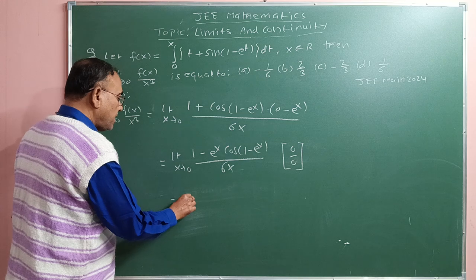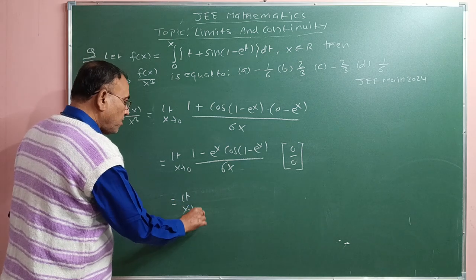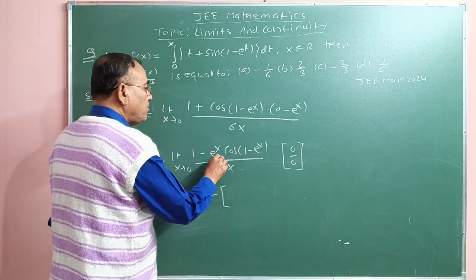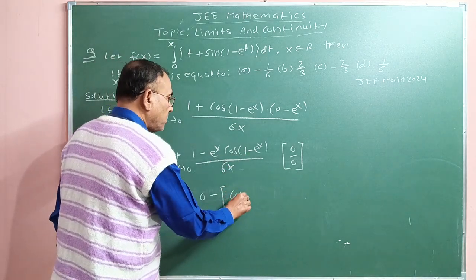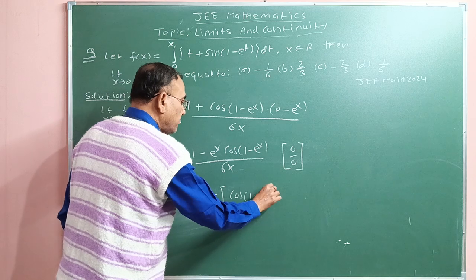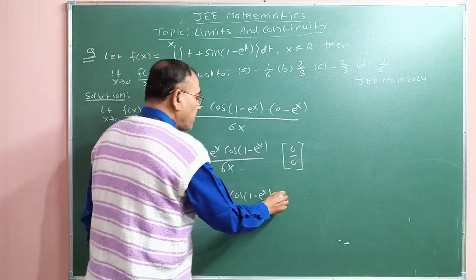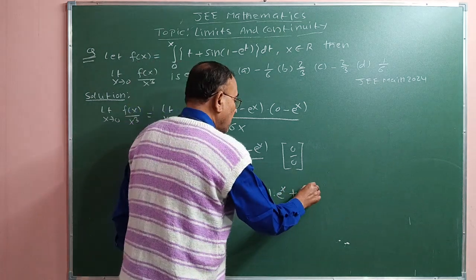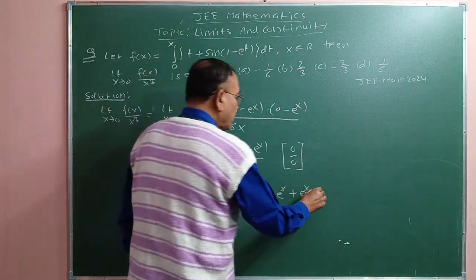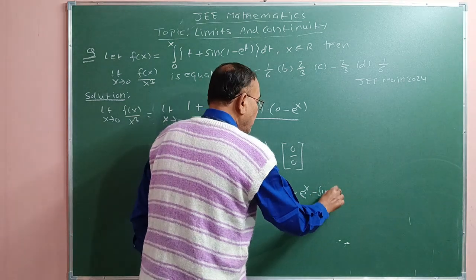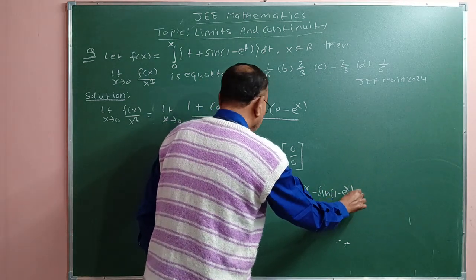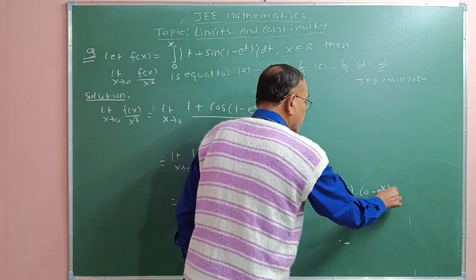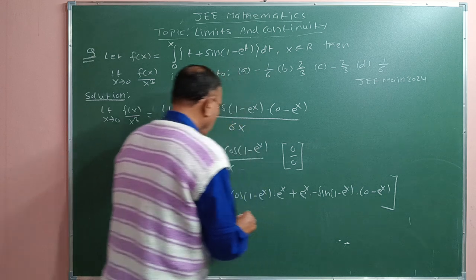The limit x tends to 0: derivative of 1 is 0, minus u into v, cos(1 minus e^x) is v, into derivative of e^x which is e^x, plus e^x into derivative of cos, minus sin(1 minus e^x), into derivative of 1 minus e^x which is minus e^x, upon 6.